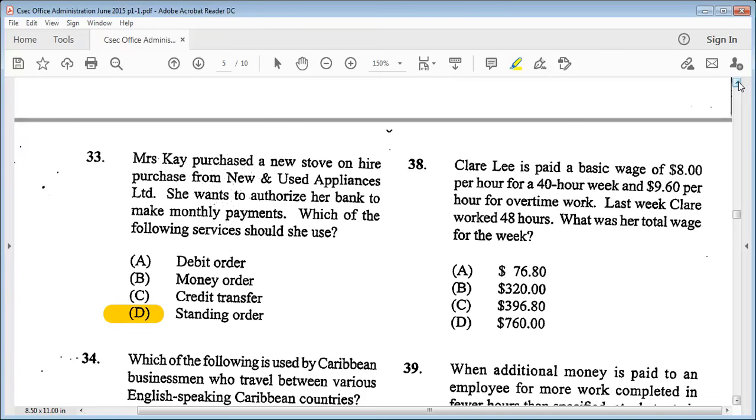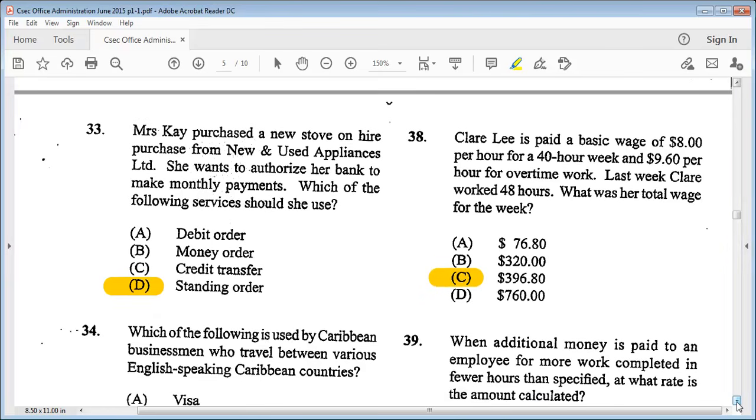Now, what we have to do is add the $320 that we get for the 40-hour week and the overtime pay, which is $76.80. So $320 plus $76.80, we get $396.80. So our answer is C.